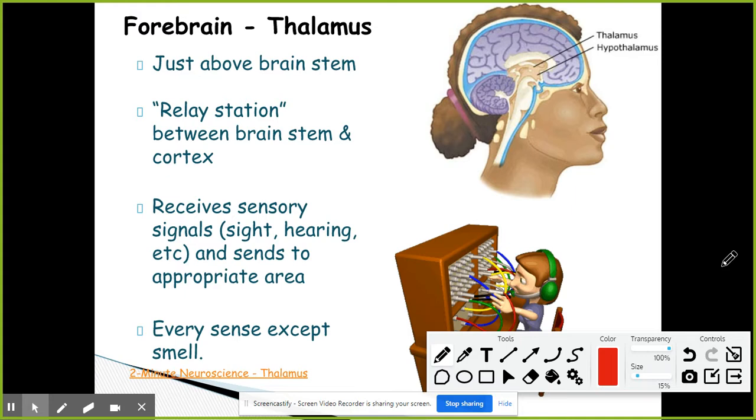There are a couple of instances where it can malfunction from time to time. Has anybody ever heard of synesthesia?